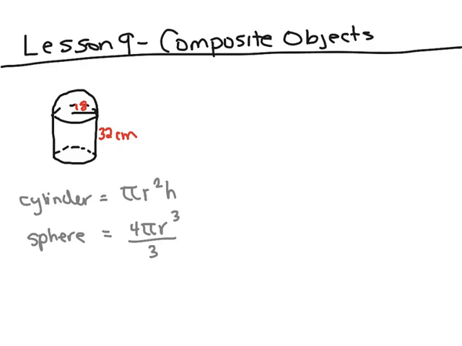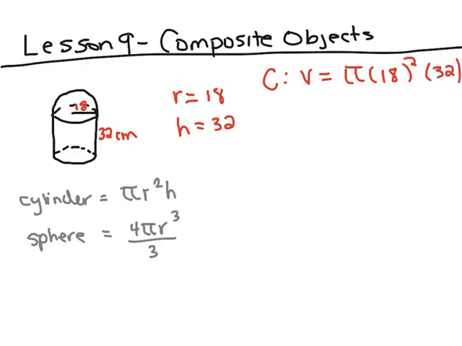So we're going to find our volumes. So we know our radius is 18, and we know our height is 32. So if we do the cylinder first, volume will equal pi times r, which is 18, squared, times 32.